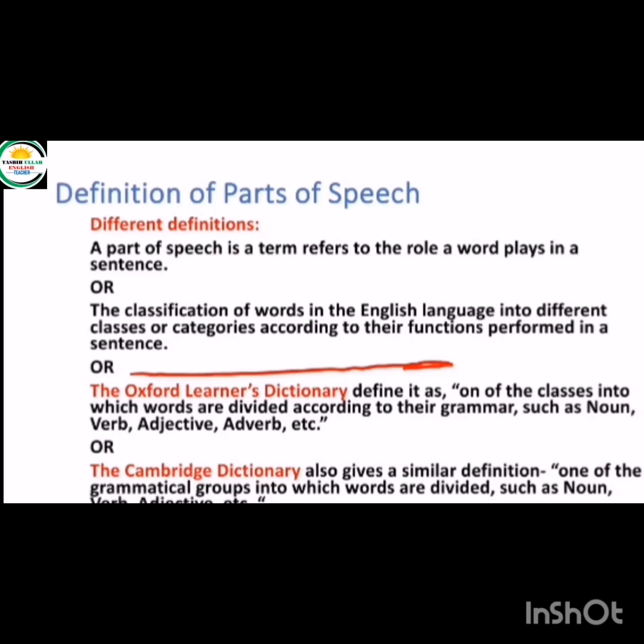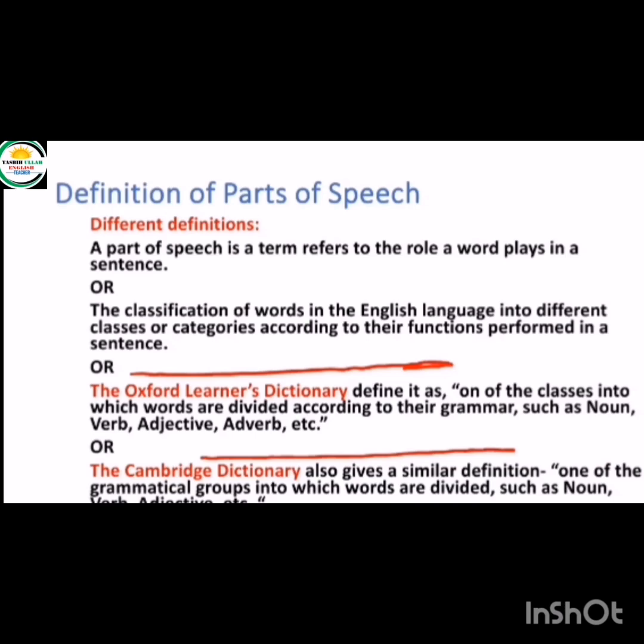And the third definition of the part of speech, according to the Oxford Dictionary, is one of the classes into which words are divided according to their grammar. It means that according to different positions, different places within a sentence, a word plays a distinct job.